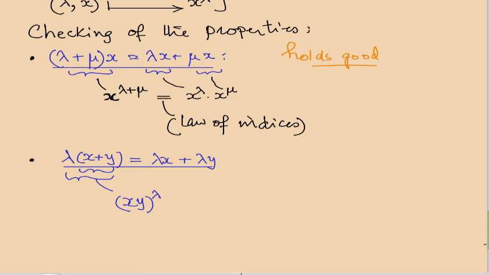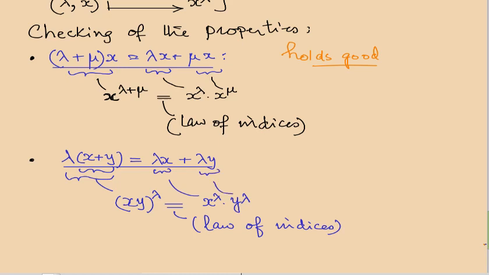Now again, by my law of indices, this is x to the power lambda times y to the power lambda. This thing is interpreted as this, and this product is actually this. So again, the same thing holds good.